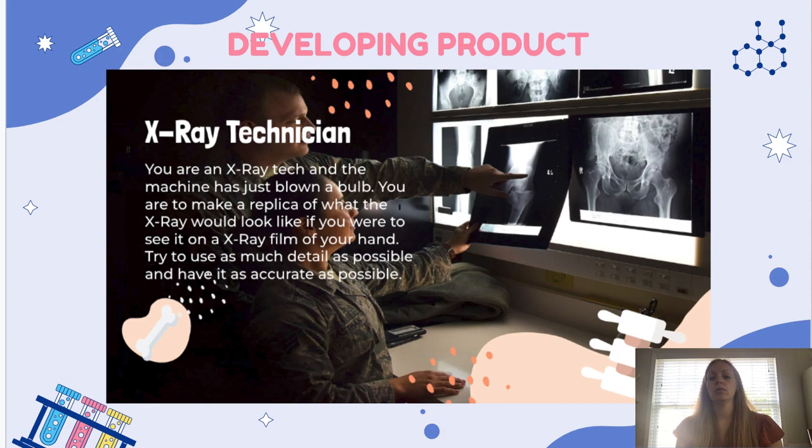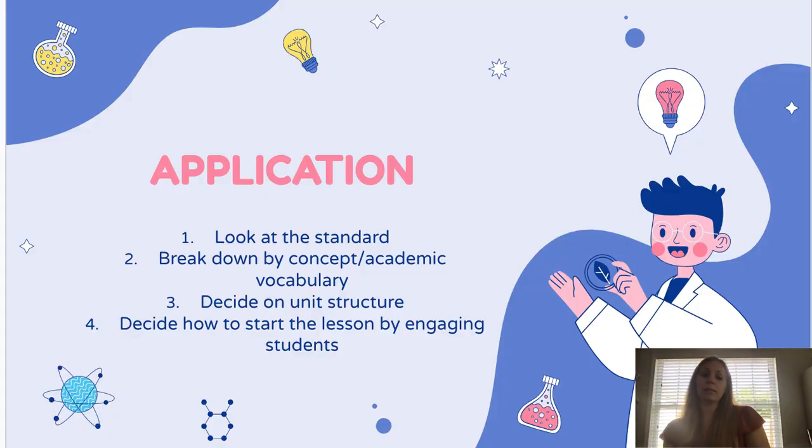So we would go through and actually create an x-ray and talk about the skeletal system, and this was in place of us just saying, oh, the skeletal system gives you structure, and it consists of bones. There was more to it, and they were actually able to see what an x-ray looks like based on the activity that we did. And then lastly, we're going to do application.